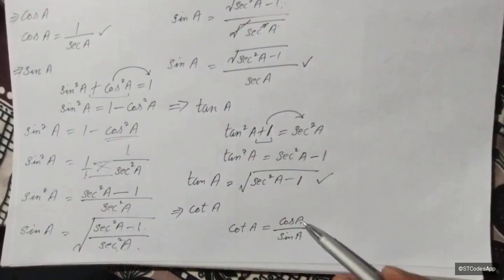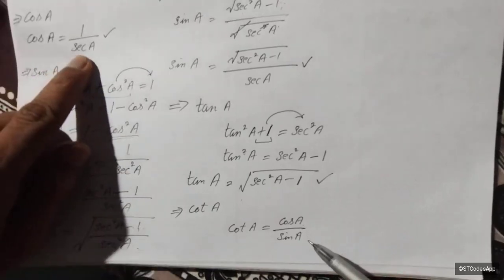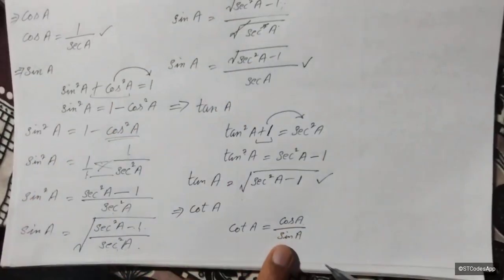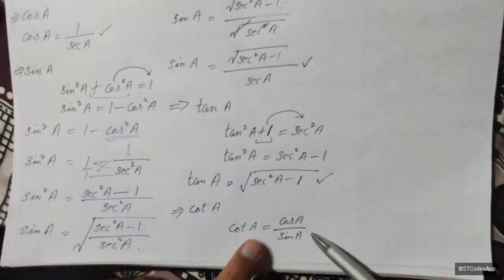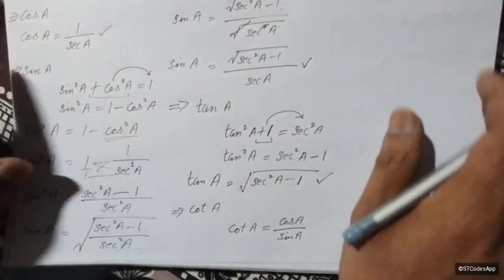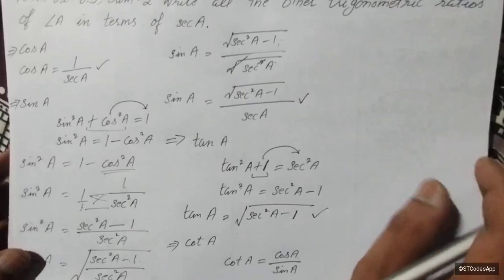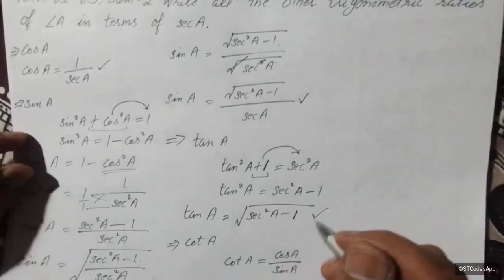So in both values sec is there. In place of cos A and sin A we will write these values. Cos A is upside, so we will write that upside, because cot A is equal to cos A over sin A.